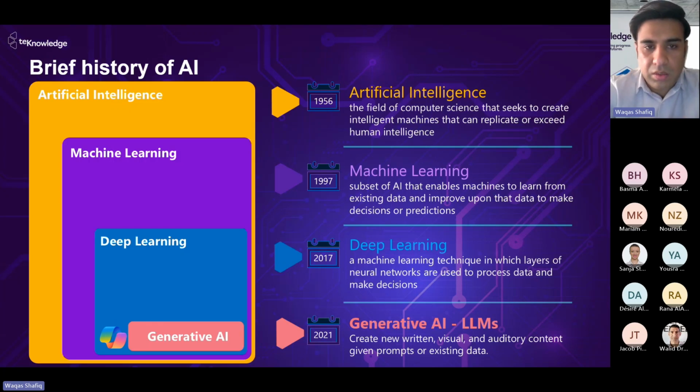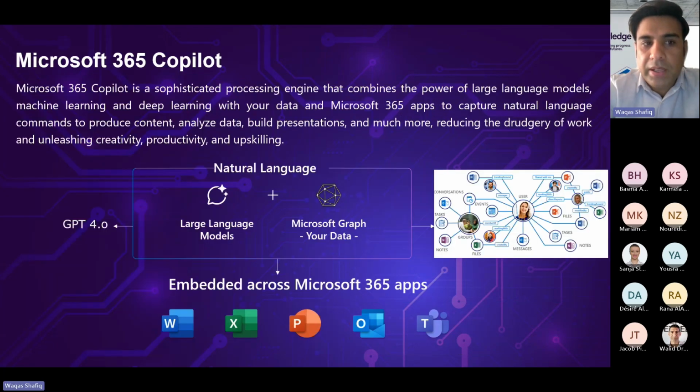A simple example is Copilot, which we are going to discuss today. It is basically generative AI, and also deep learning and machine learning. How? In the next slide, which is the definition of Microsoft 365 Copilot, I'm going to explain all these things in a very simple way.